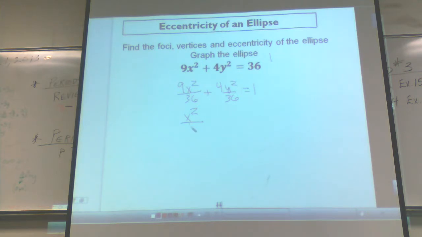So 9 over 36 is x squared over 4. Remember, these worked out nice because 9 and 4 divide 36. If it doesn't divide evenly, then you'd be dealing with fractions on the bottom. Like if this was an 8 or something, you'd have 36 over 8. No, you wouldn't do that to us, right?